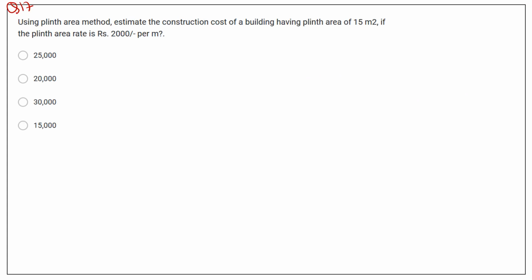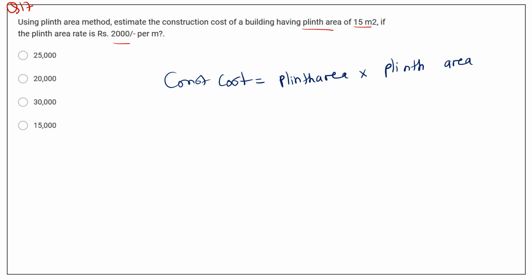Using plinth area method, estimate the construction cost of building having plinth area 15 meters square if plinth area rate is 2000 per meter square. To find out the construction cost, the formula is: construction cost is equal to plinth area multiplied by plinth area rate.